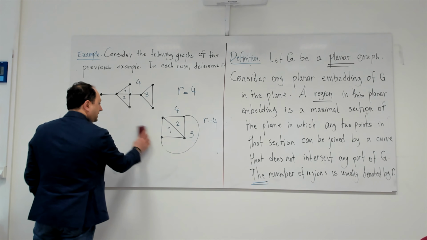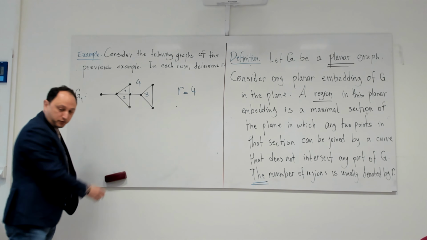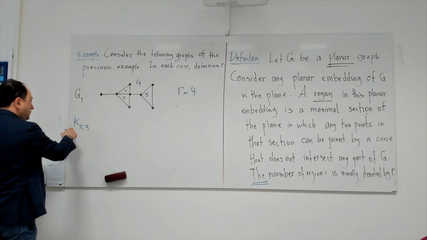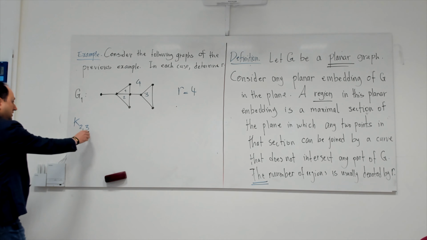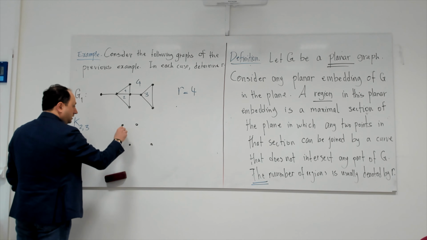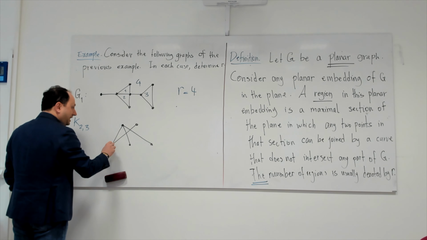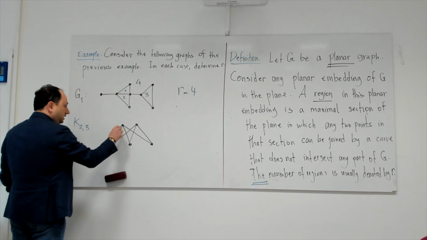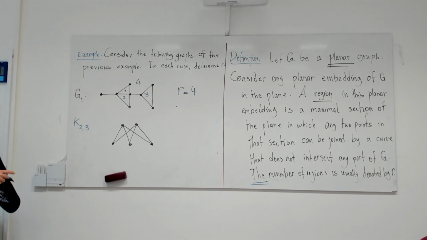But now let me do G3 here without cleaning that part. So do you remember what was G3? G3 in our picture was K2,3, the bipartite graph with 2 vertices and 3 vertices. So it was like that, if you remember. So in this way, don't get confused. You are not allowed to start counting the regions in this form, because this is not a planar drawing of this graph.